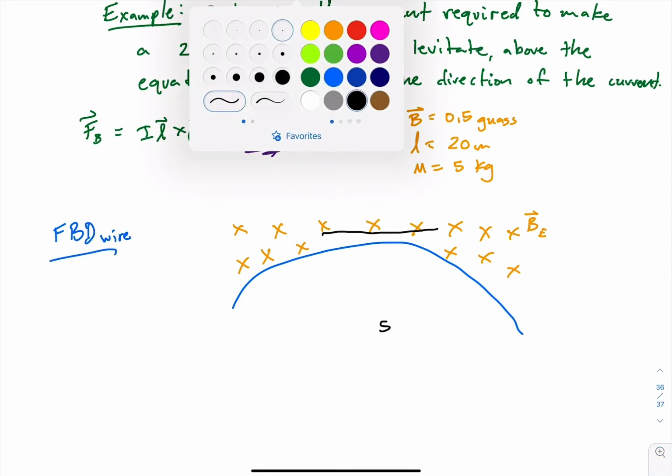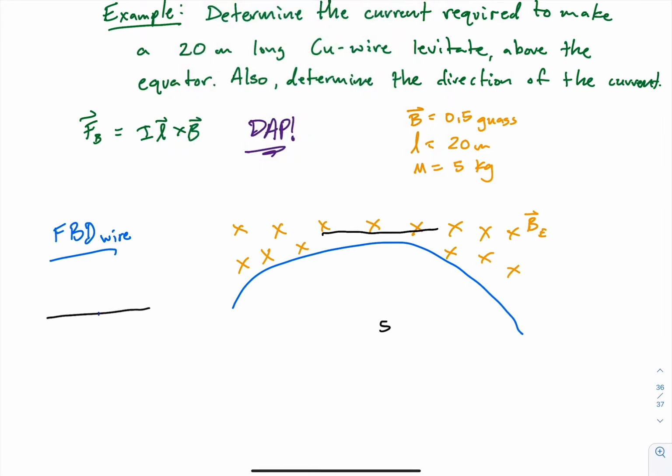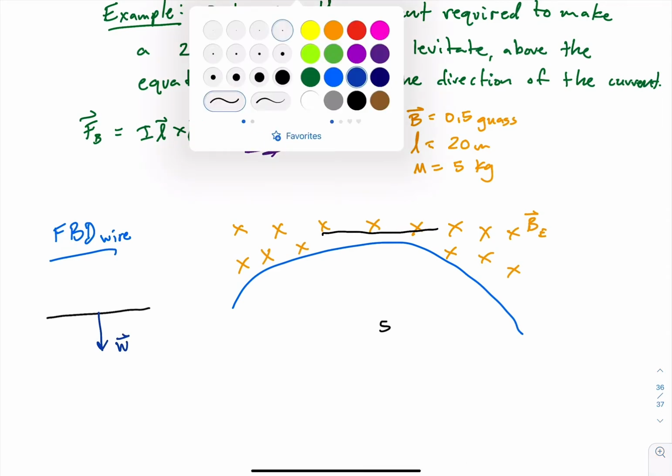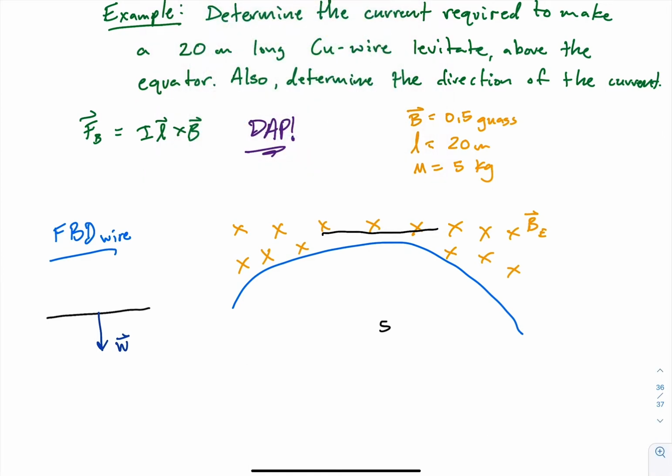In order to be levitating, of course, its weight force must have an equal and opposite force so that it can be floating and not accelerating in any direction. That equal and opposite force would be the magnetic force on the current carrying wire due to the Earth's magnetic field. And so I'm going to show that force on our picture.